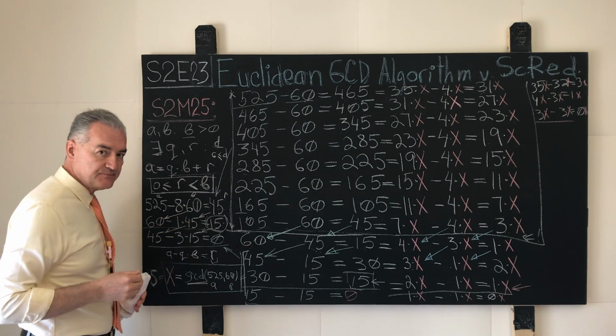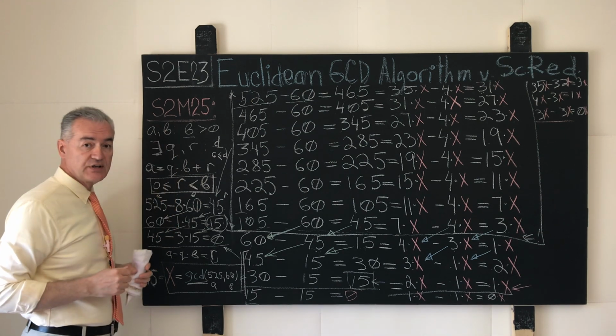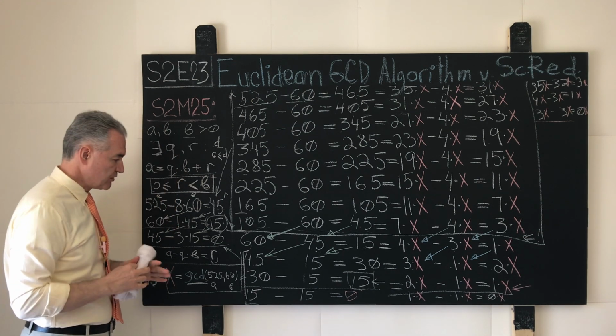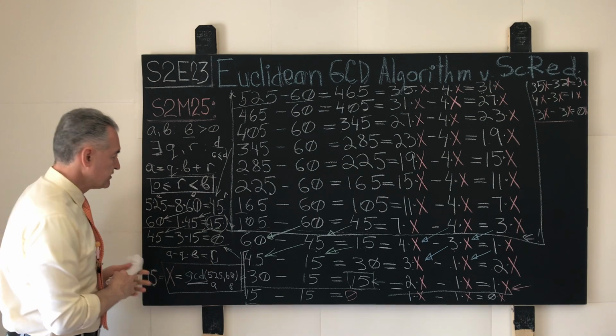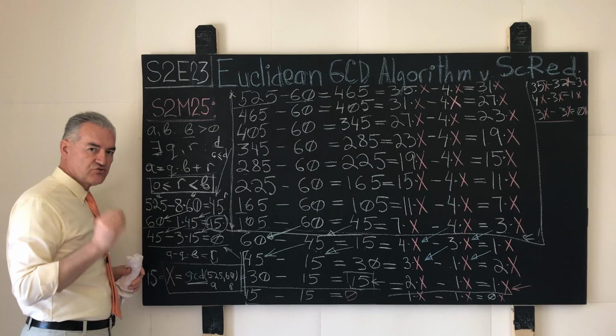The third reason, which altogether explains why the Euclidean greatest common divisor algorithm terminates precisely with 0, is the fact that all the distances involved here are strictly finite.